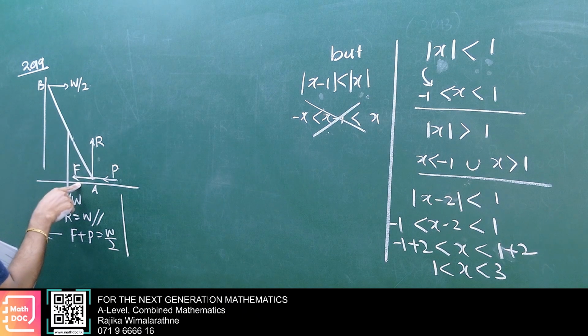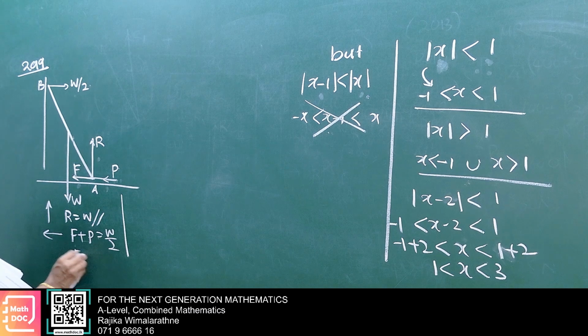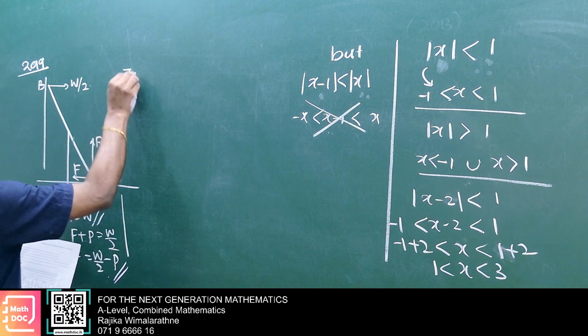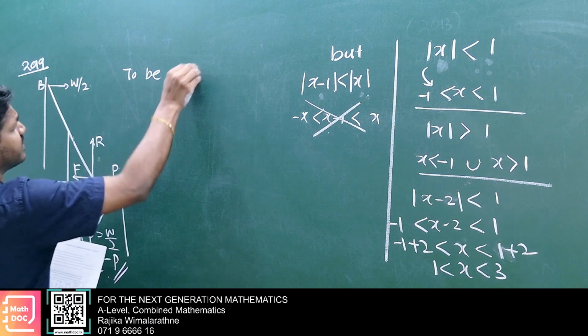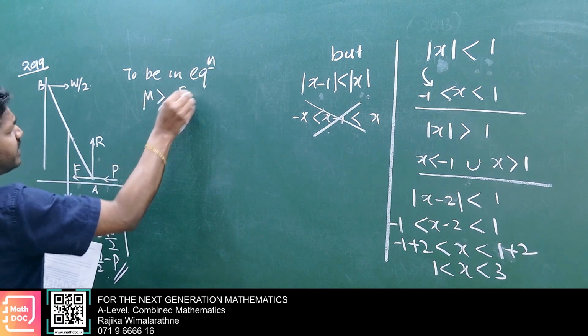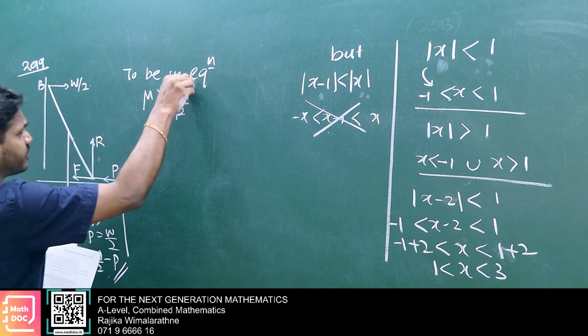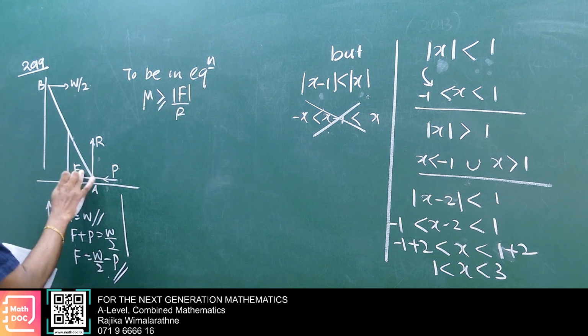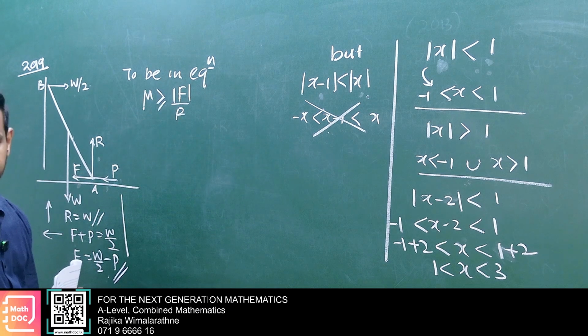Here R equal W, P plus F equal W over 2. Okay. Now here F equal W over 2 minus P, no? W over 2 minus P. Then to be in equilibrium, mu greater than or equal to F divided by R. Here you have to put modulus because the sign of F we don't know exactly. Okay.